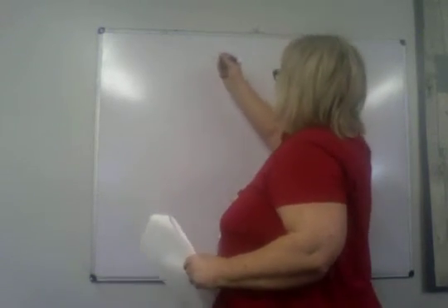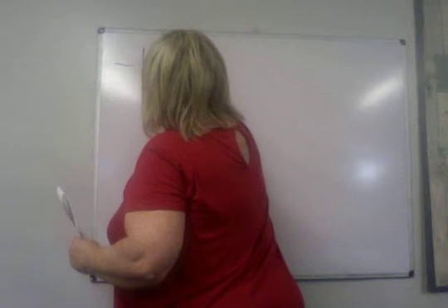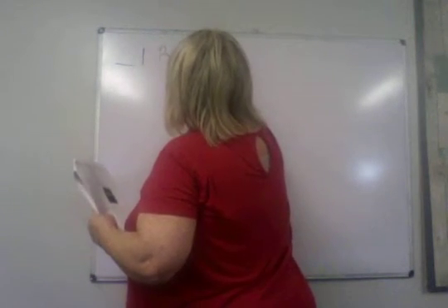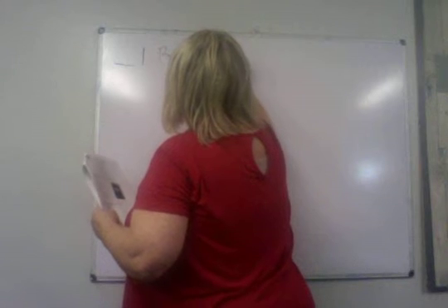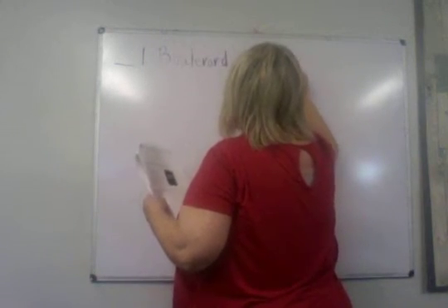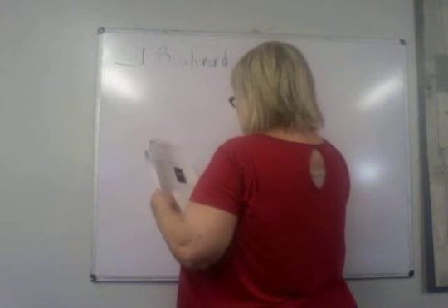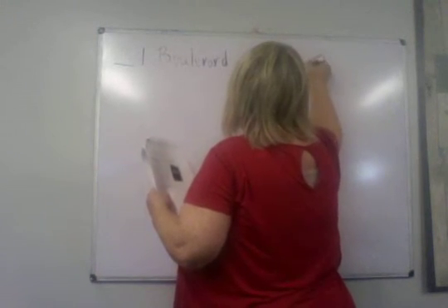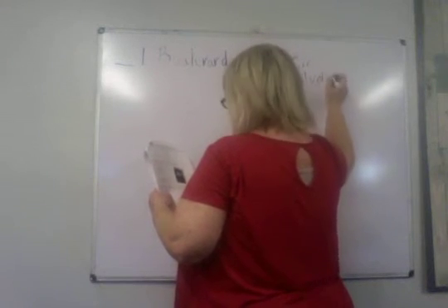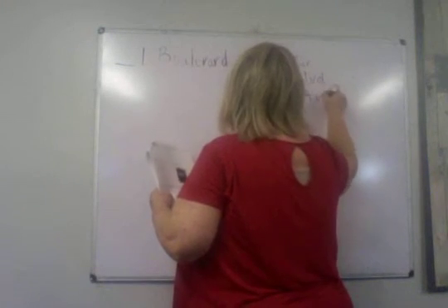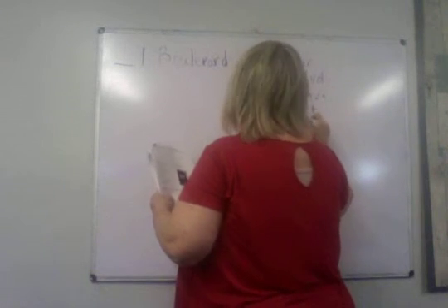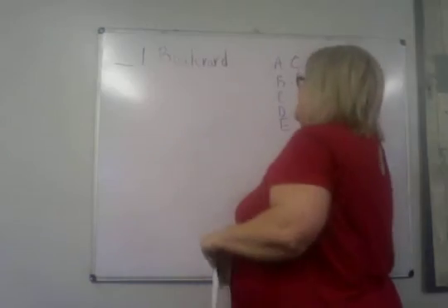Number 1 has the word boulevard. And over here you have A, B, C, D, and E. You have C-I-R period, B-L-V-D period, A-V-E period, C-T period, and S-T period.